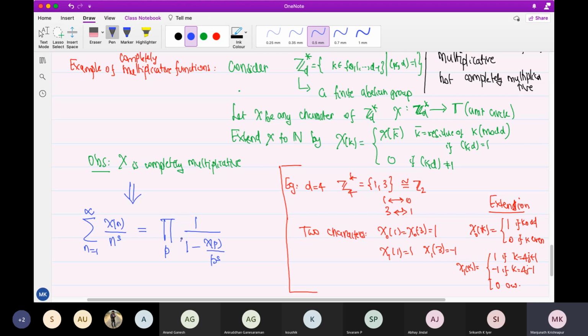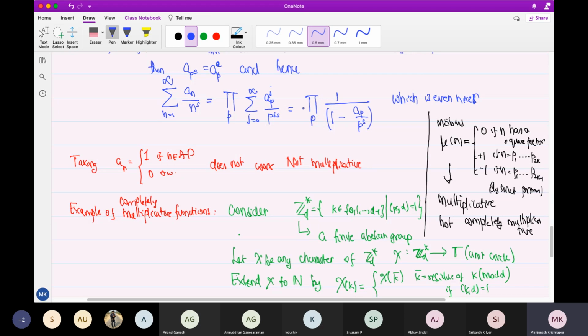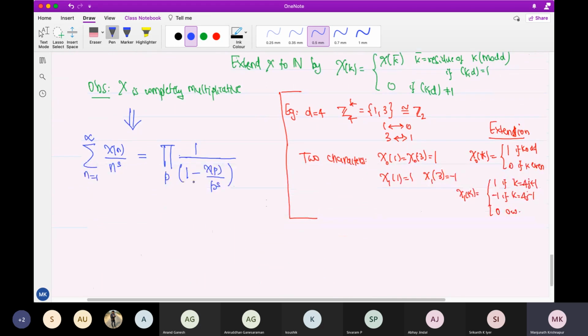So we do have this product formula for characters in this nice way, because it's completely multiplicative. We don't even have to write these sums. We have this formula. Is this okay?